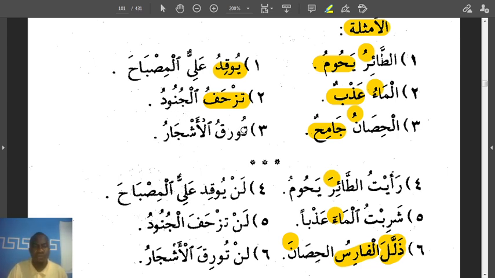And then we have turiku al-ashjar. Turiku is from awraqa, to bear leaves. When the plant is standing there, in winter or any season that flowers blossom and trees flourish, you realize that the tree now starts getting leaves.